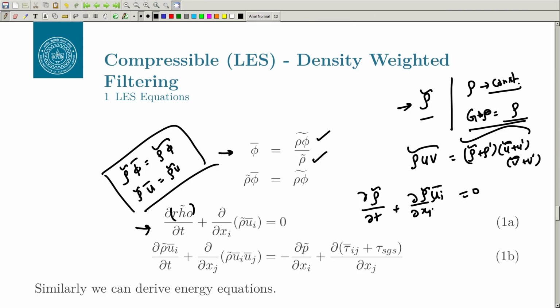So, this is your continuity equation. This is easy to derive, like we have done for the RANS equations, and a similar idea applies for the momentum equation.